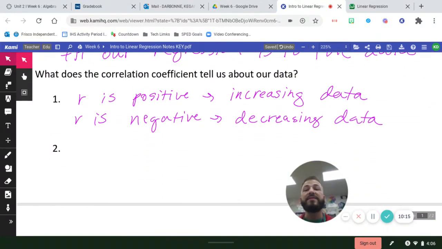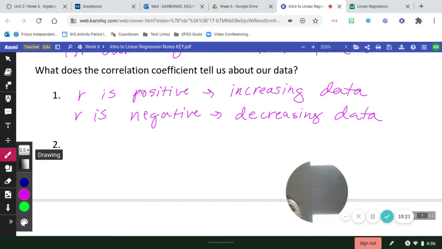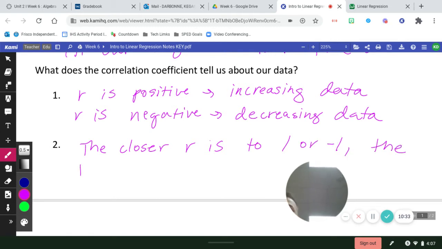The second thing, and this is really where the fit comes into play, is the closer R is to 1 or -1, the better the fit to the data.